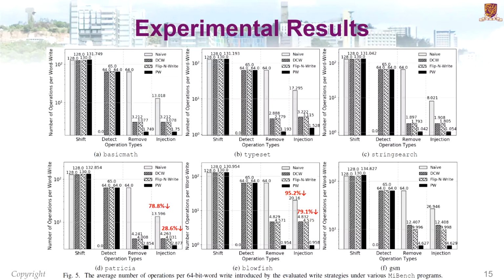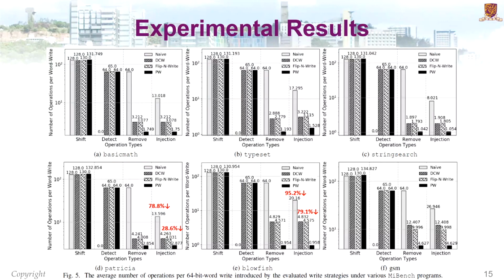On the other hand, although the other 3 write strategies need 64 detect operations, the number of remove operations is quite small. So the trade-off between the cost of the detect and remove operations means none of these write strategies has an obvious advantage in these 2 operations.